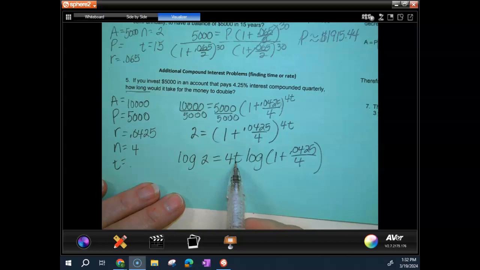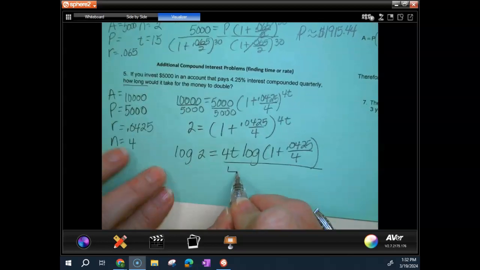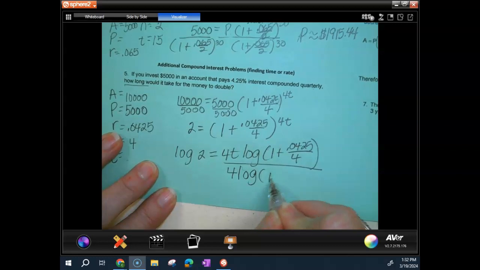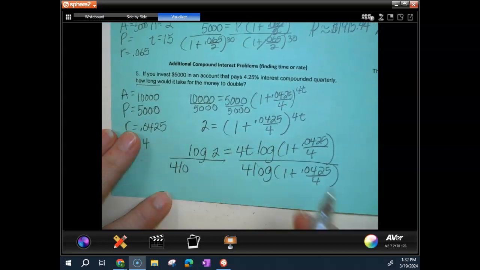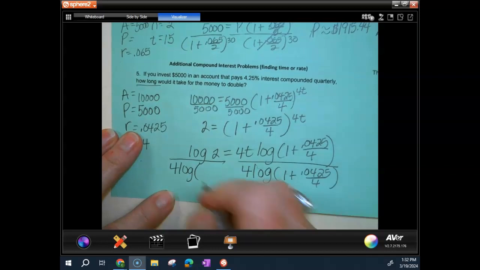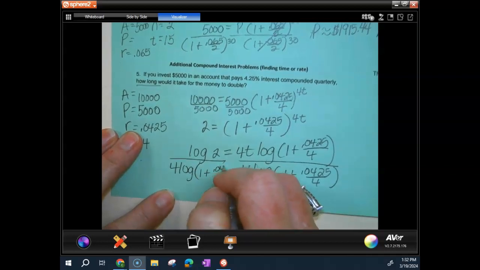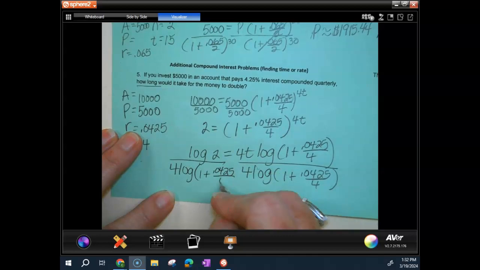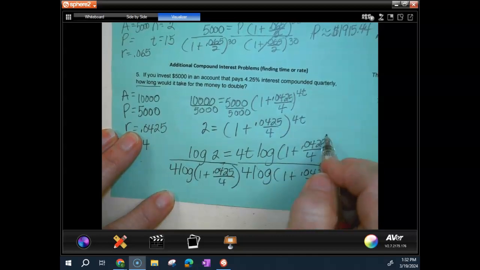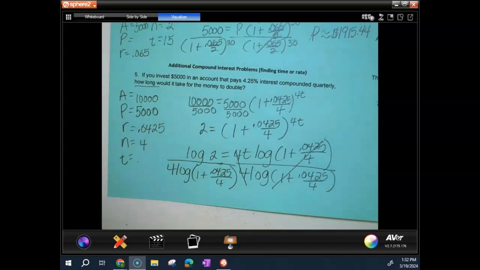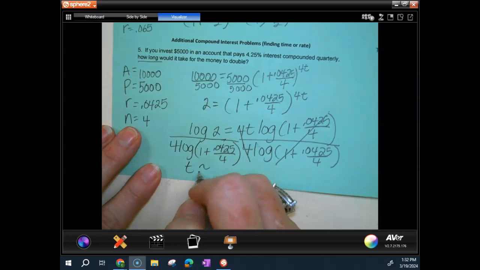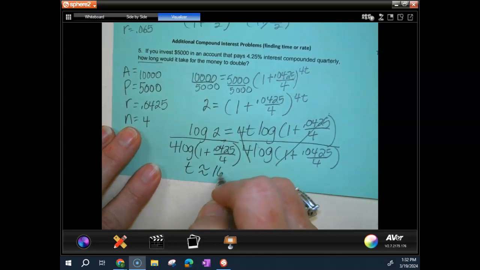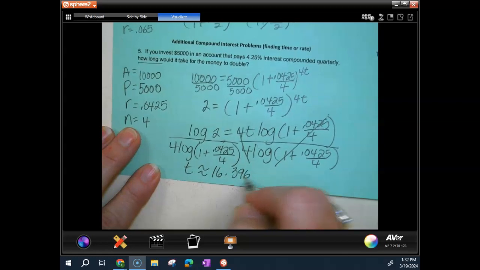I want to get the t by itself, so what do I divide by? Now the time ends up being approximately 16.396 years.